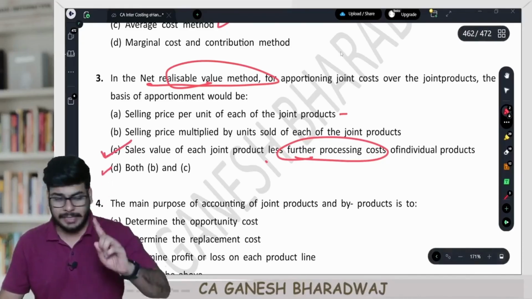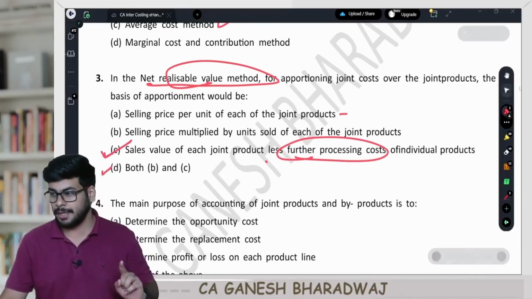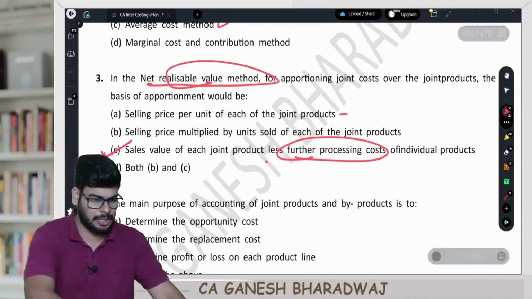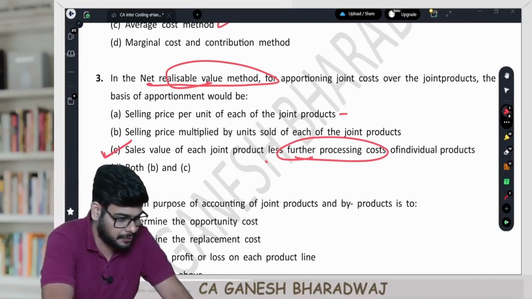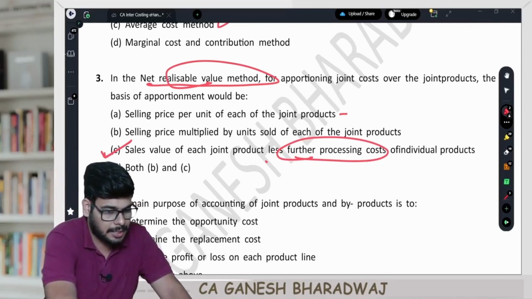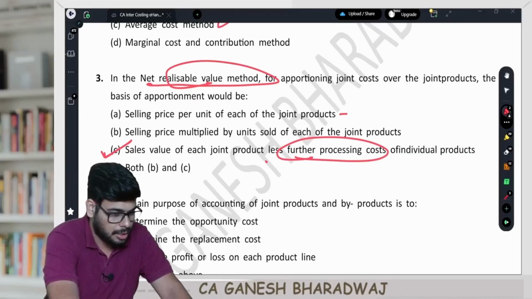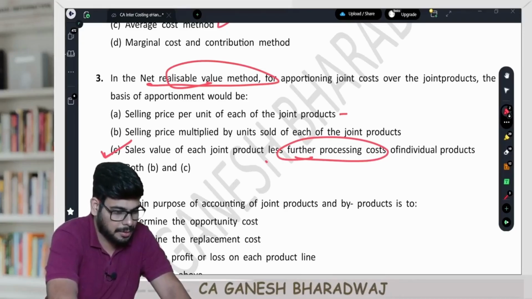Clear with this? One second, I think the institute has given one correction, it seems. Let me just see if they have mentioned this as a correction. The institute generally releases something called a corrigendum.